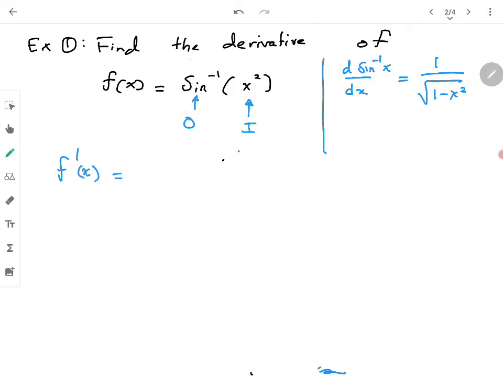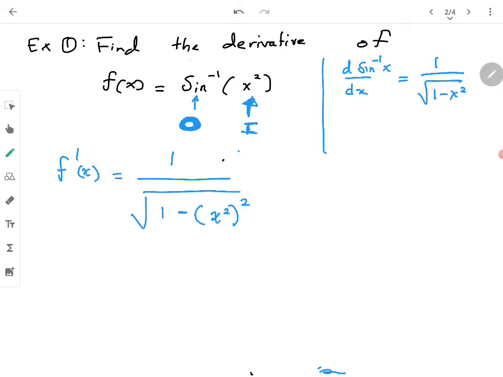Here we first take the derivative of the outer function, sine inverse, which is 1 over square root of 1 minus. Now instead of x, you need to write what's inside, the inner function. So here it should be x squared, squared.